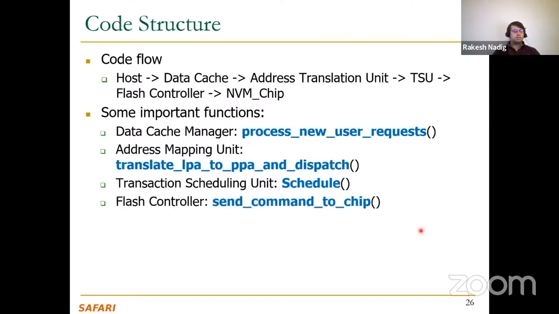And from the flash controller, the send command to chip function, for understanding how the code works in each of these components. So this is about the code structure. I'm sure there is a lot of code to understand and read, but this is just a brief introduction to the important functions that we need to look at and how the code execution flow works.